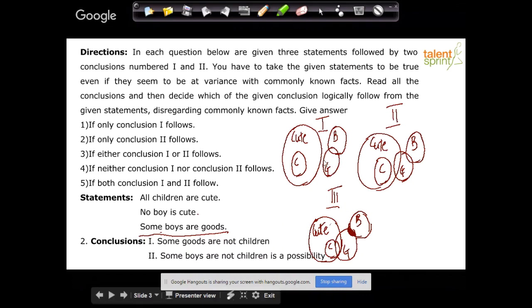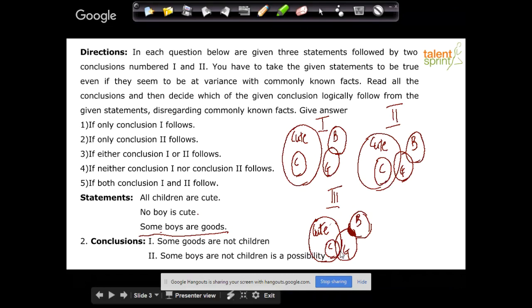Great. Now, if we look at possibility 1, situation 1, some goods are not children clearly holds. It is clearly there. You and me can understand it. Now, if we look at the possibility that arises in situation 2 and 3, in situation 2 also we know that some goods are not children because there is no overlapping happening between goods and children.